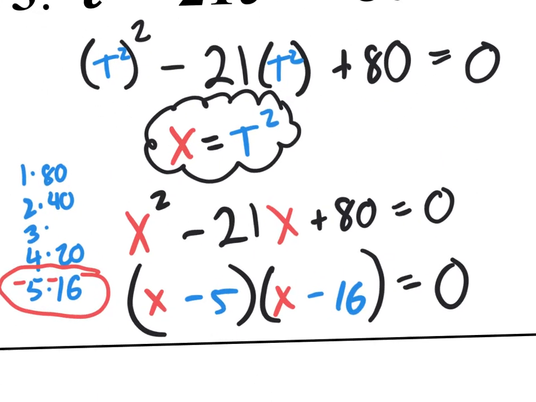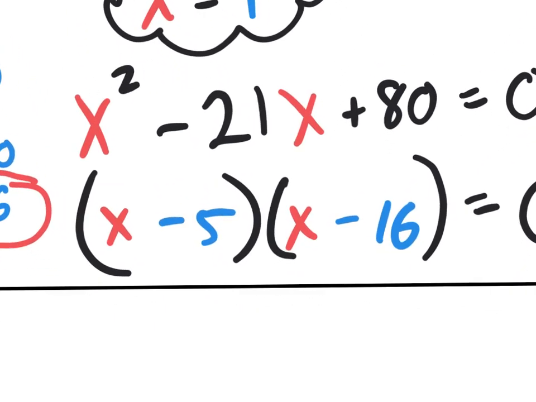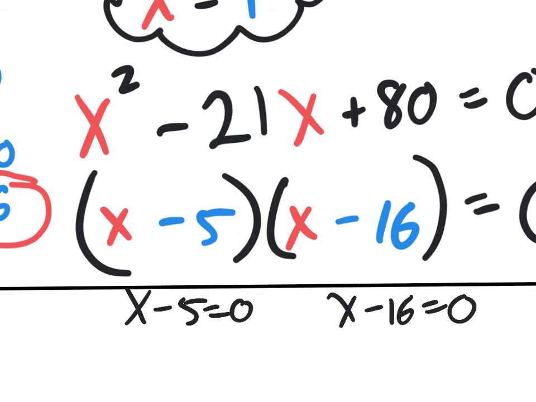We're going to split them and solve. So we're going to have x minus 5 equals 0, x minus 16 equals 0. Solve both. I will have a red x equaling positive 5. And over here, a red x equaling a positive 16.